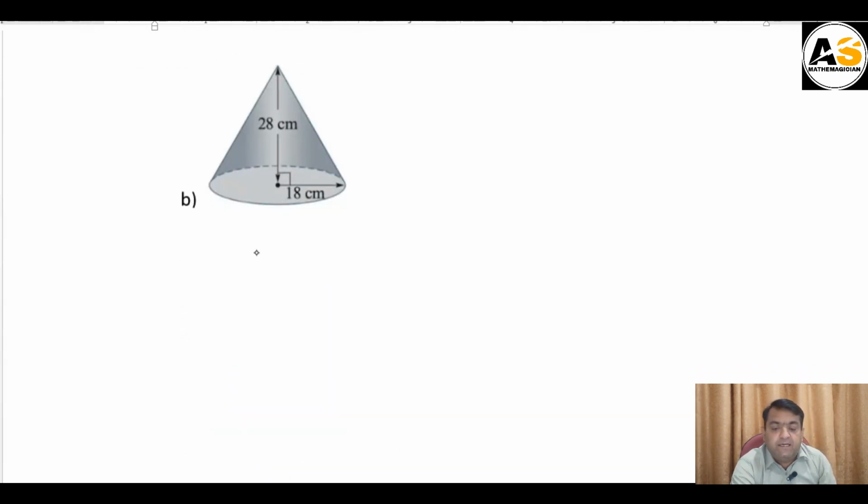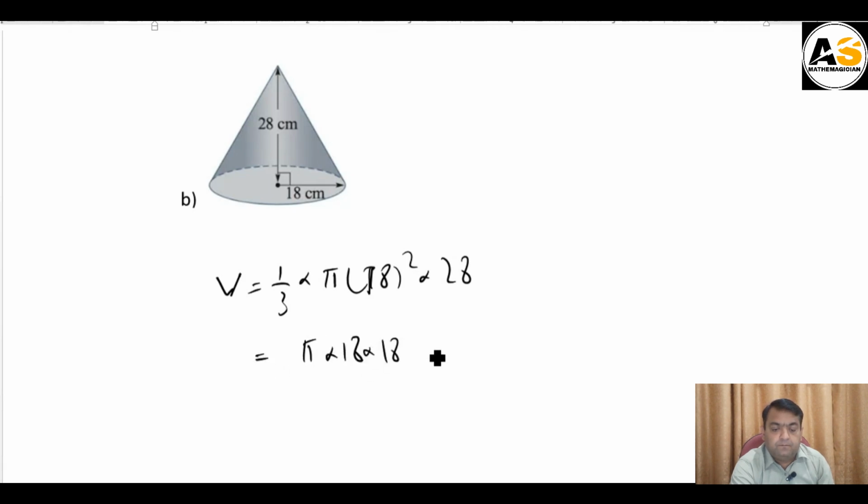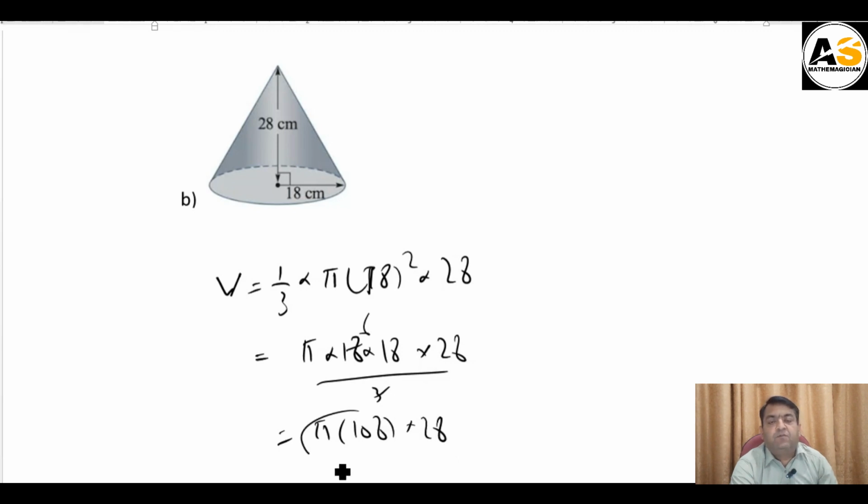Its volume is 1 by 3 pi r square, 18 square multiplied by 28. You can solve it with the help of a calculator. It will again be centimeter cube.